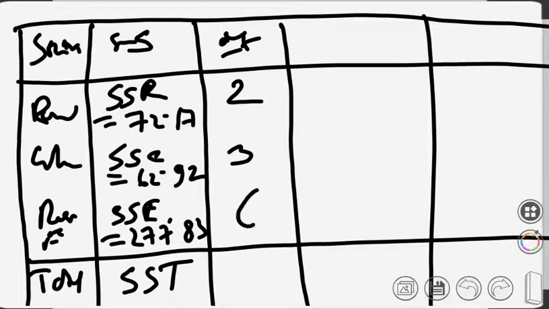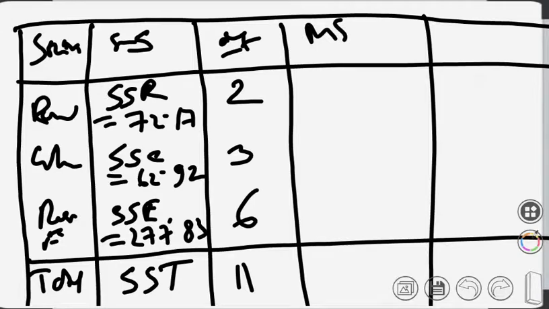And this is 6. Total there are 12 data, so N minus 1 is 11. If you add these, 2 plus 3, 5 plus 6 is 11.